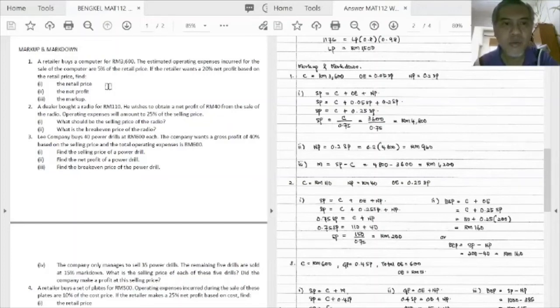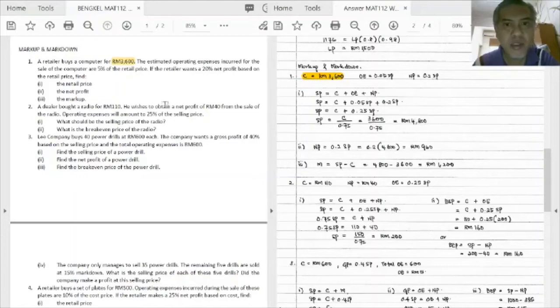The first number that you see here is 3,600 ringgit. This refers to the retailer buying a computer, so in this case this is simply the cost, C, of the computer.